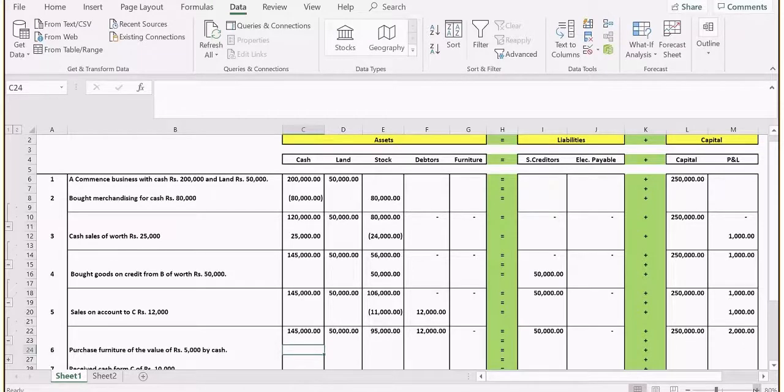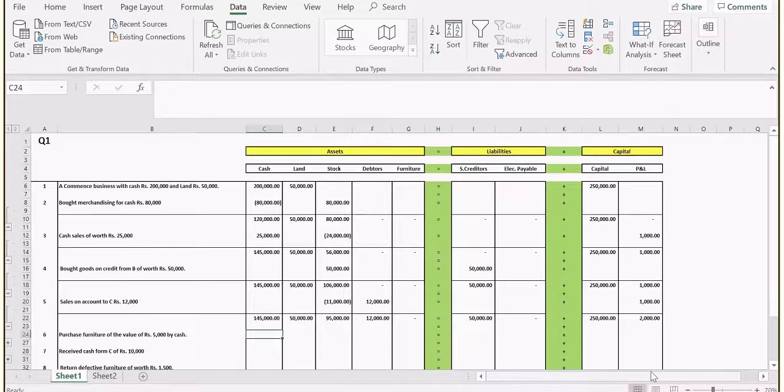This is the position till entry number 5. Now look at entry number 6. Purchase furniture of the value rupees 5,000 by cash, which means the business is paying 5,000 cash, which means 5,000 is going out of the business and 5,000 worth of furniture is coming in the business.